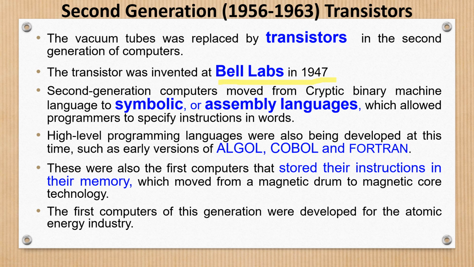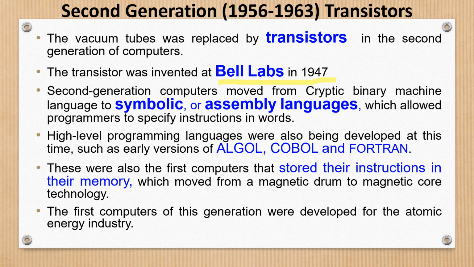And high level programming languages were also being developed at the same time, such as Algol, COBOL, and Fortran. COBOL and Fortran were the most popular languages used for computers at that time. And for storing their instructions, they have the memory. Also the concept of the drum was replaced with magnetic core technologies.